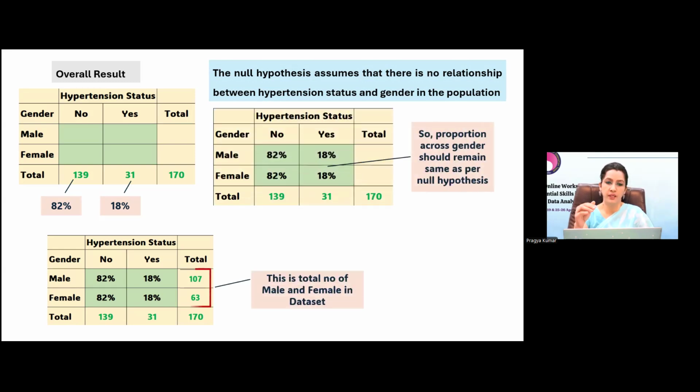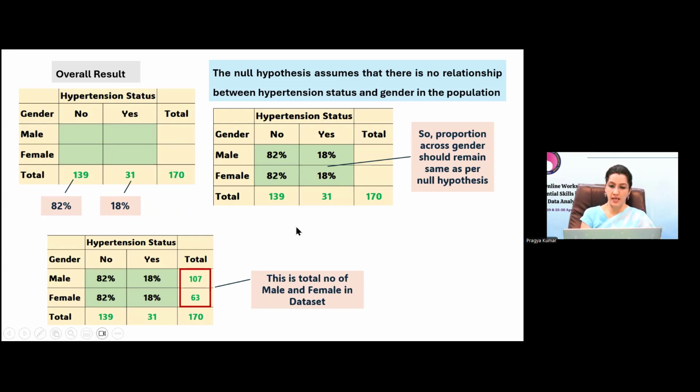So if there is no association, the proportion of gender across these two groups, hypertensive versus non-hypertensive, will be the same as per the null hypothesis. So overall, you see this 18% is the same.